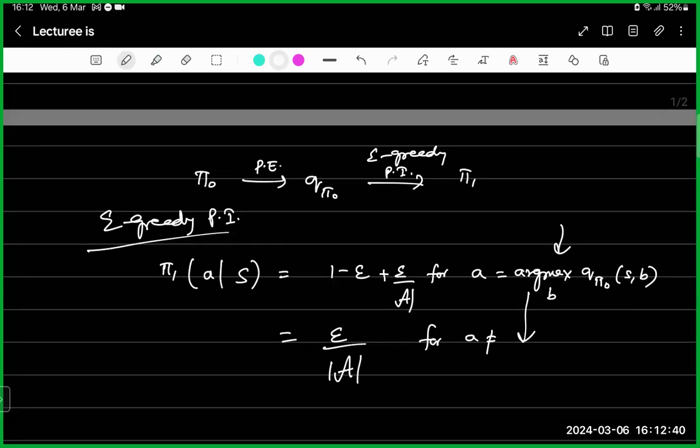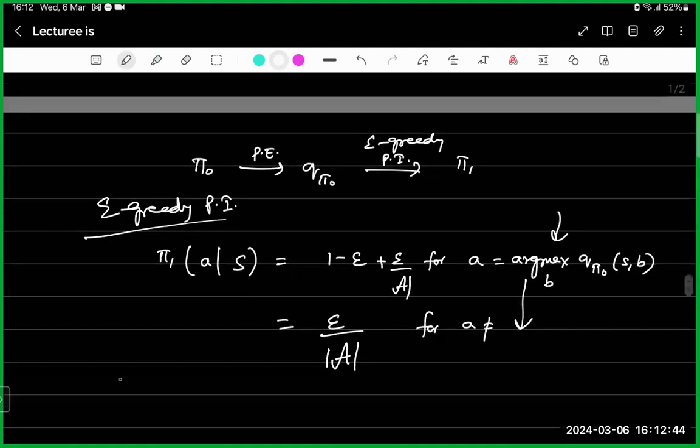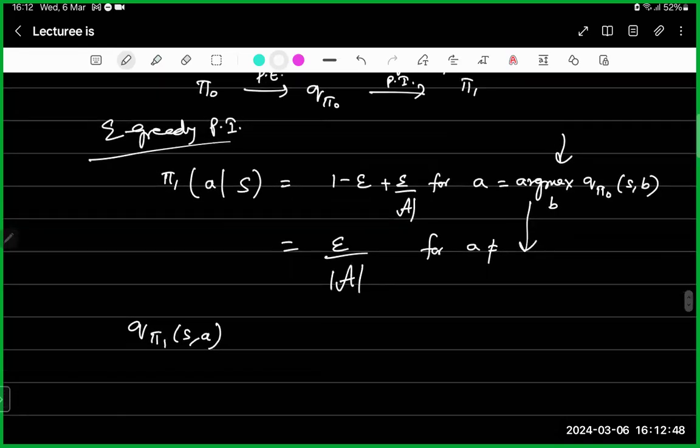Because now we have a stochastic policy. So now if you want to estimate q pi 1 of S comma A, what will we do? We'll start with state S comma A, and after that you behave according to what? Policy pi 1.